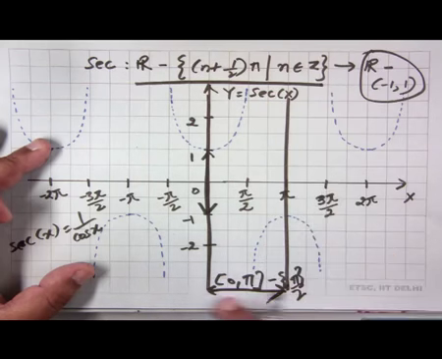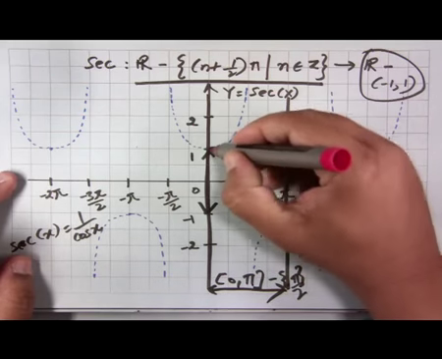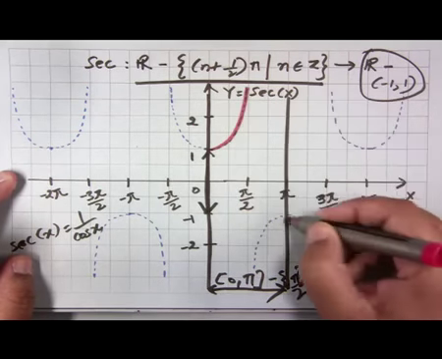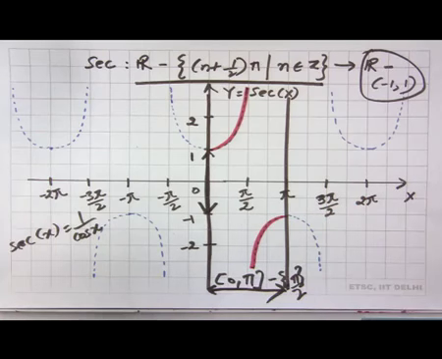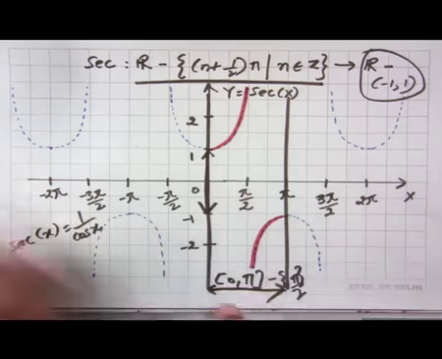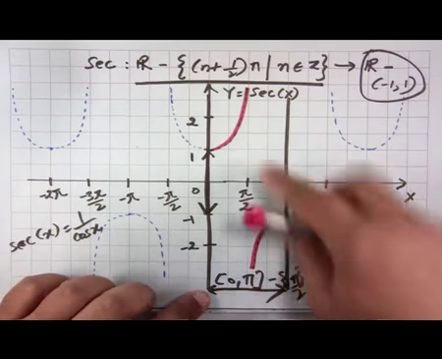So the modified domain will be the interval 0 to pi except the point π/2, and the graph of the secant function will then be what I am drawing with the red curve. This will be the graph of the secant function when the domain is restricted to this interval except π/2.